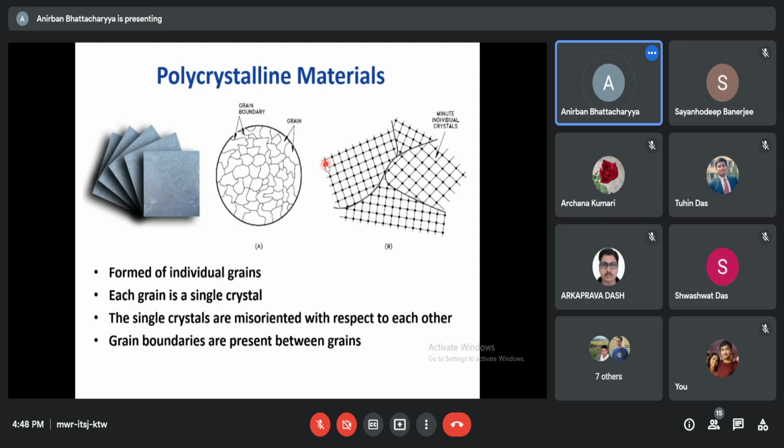Now, can you tell me what is the advantage of a polycrystalline material over a single crystal material? What do you think is the advantage? Make a guess.